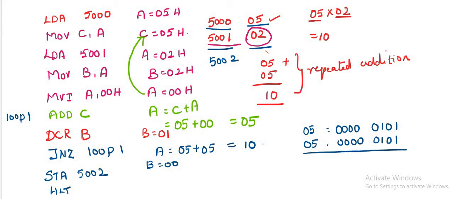Then what will be the output? 1 plus 1 is 0, carry 1. Here it is 1. Then 1 plus 1 is 0, carry 1. Here 1. Then 0001 0000. In hexadecimal value this can be written as 0A. So the output of the accumulator, the ALU value, is 0A.